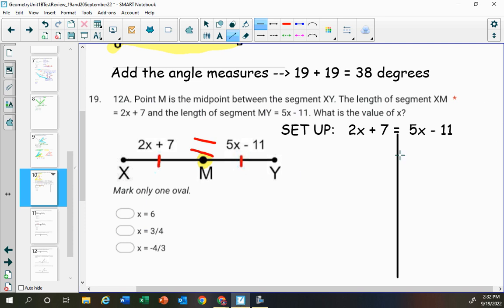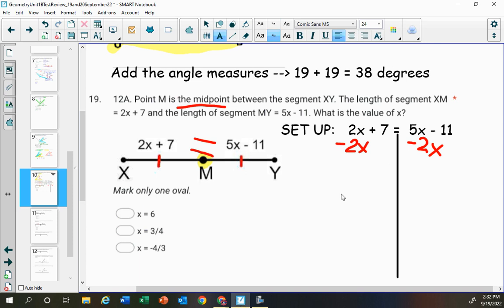Okay, now we're going to solve for x. So what's our first step? Because it's a midpoint, you can do that. Minus 2x is good. So what's left on the left side of the equal sign?